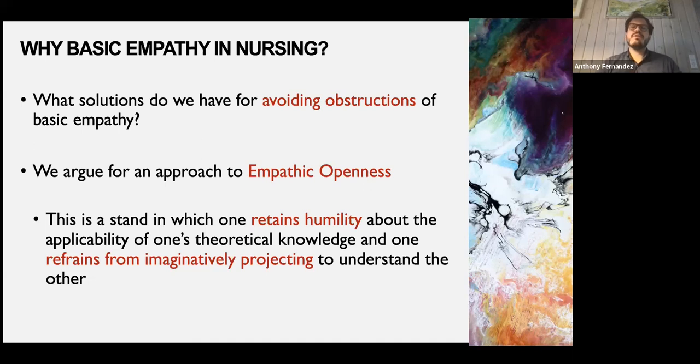So when we're thinking about obstructions to basic empathy, that might be something like biases or prejudices you have, right? If you're engaging with someone and you already have various assumptions about the kind of person they are, you can easily misread or misinterpret the expressions that they mean to be giving.